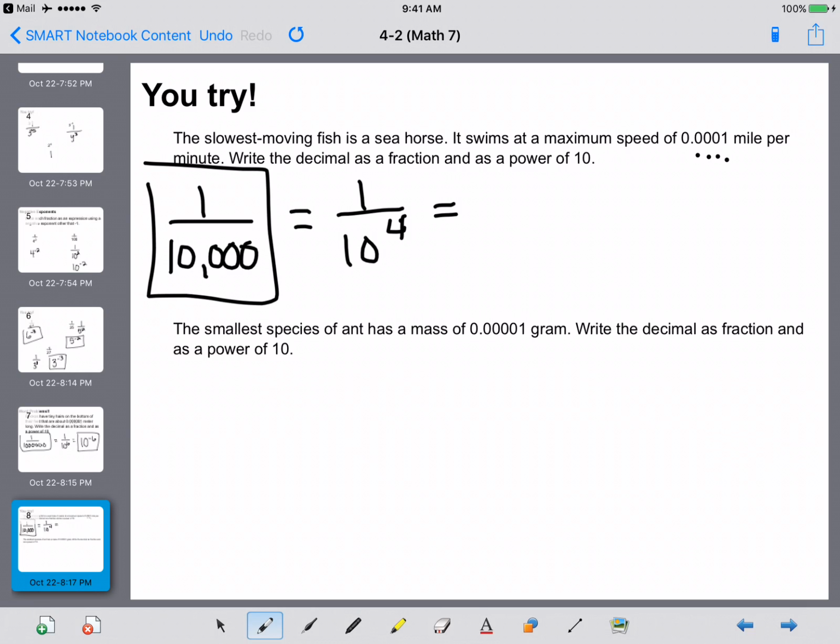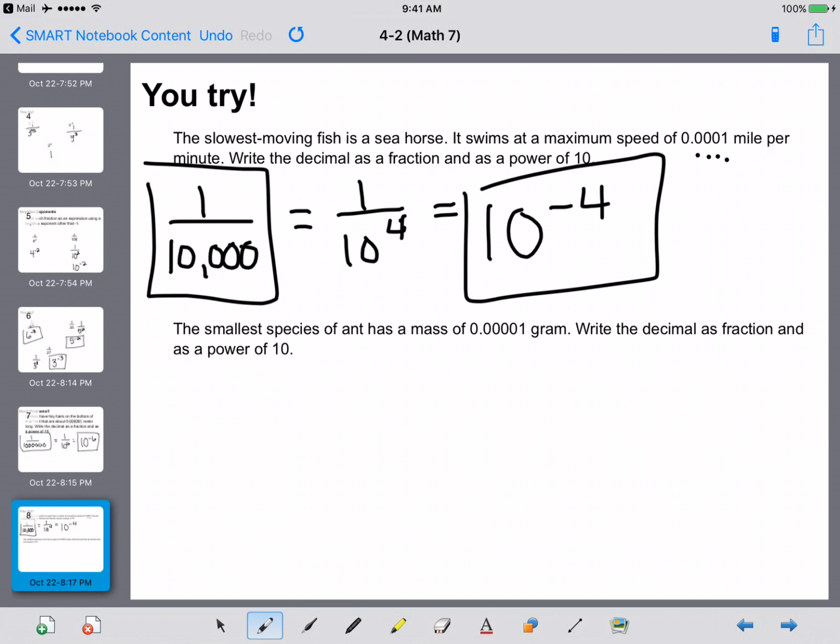Turn that into a power of 10. We have our 10. Turn our 1 over into a negative, and keep our 4. Boom.